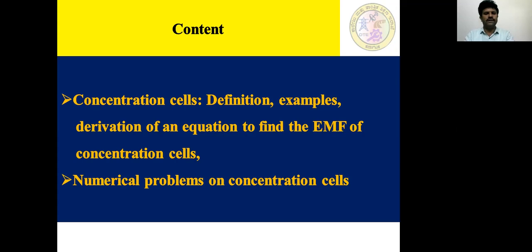The session 6 content includes concentration cells, in which definition and examples of concentration cells, derivation of an equation to find the EMF of concentration cells, and numerical problems on concentration cells.